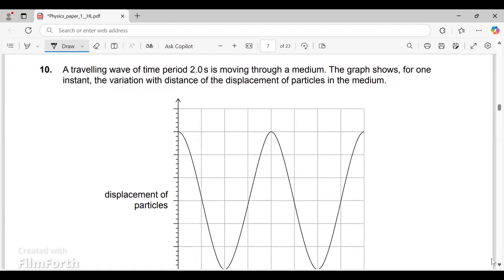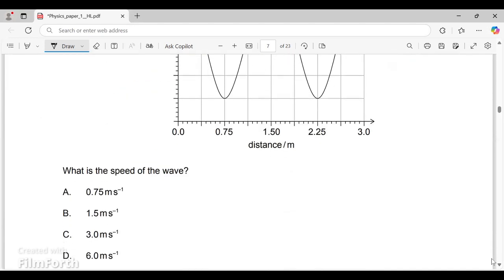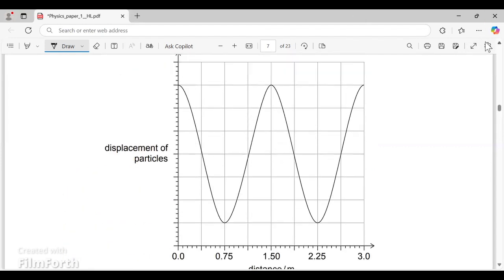Number 10. A traveling wave of time period 2.0 seconds is moving through a medium. The graph shows, for one instant, the variations with distance of the displacements of particles in the medium. What is the speed of the wave? To find the speed, we have to find the distance first.